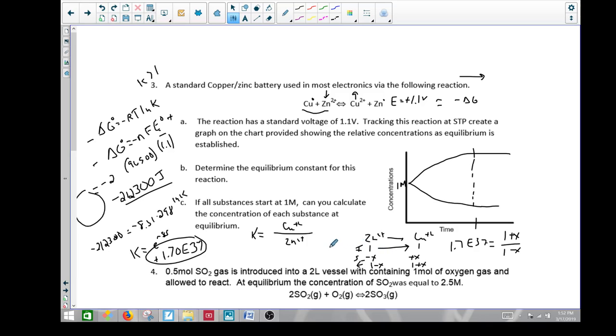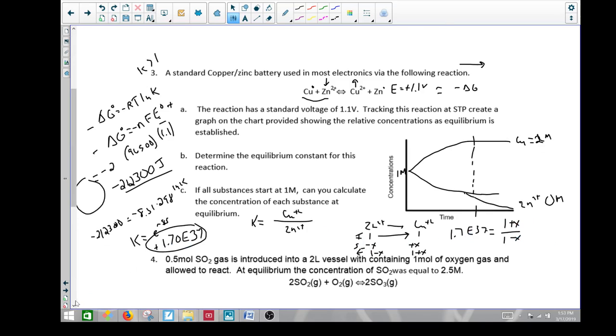The zinc 2 plus ions are very close to 0 concentration, and the copper is very close to 2 molar. We'll move on from there.